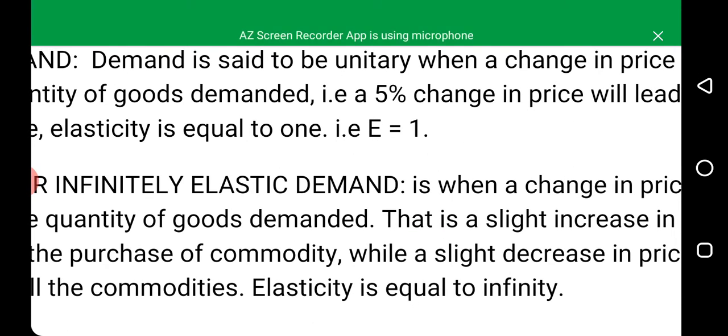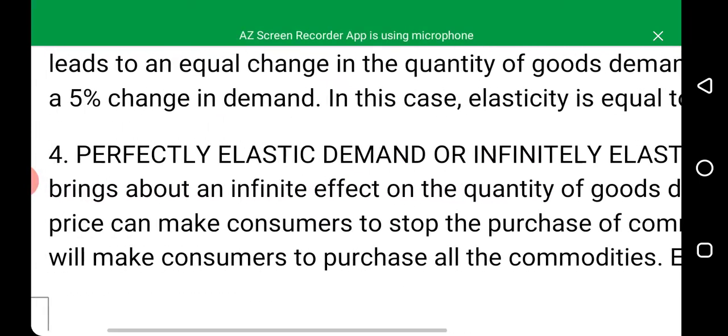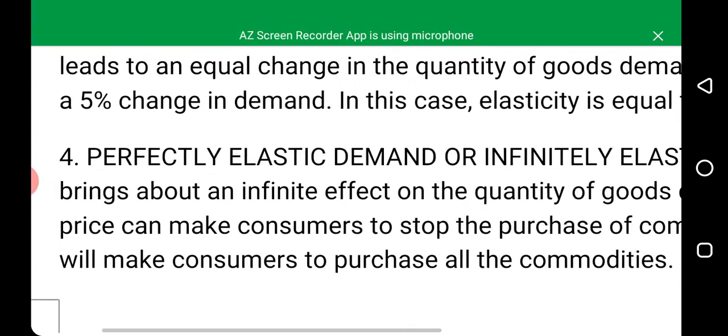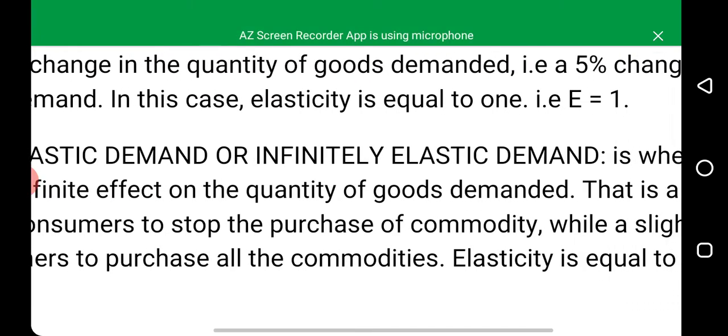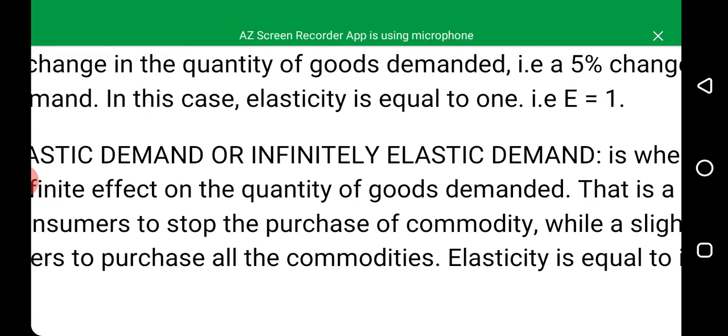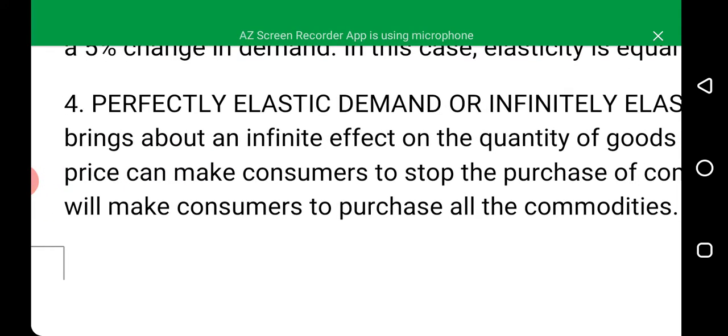That is, a situation whereby a 5% change in price will lead to a 5% change in demand. So in this case, elasticity is equal to 1. All this information will be needed in the mathematical approach to elasticity, the measurement.